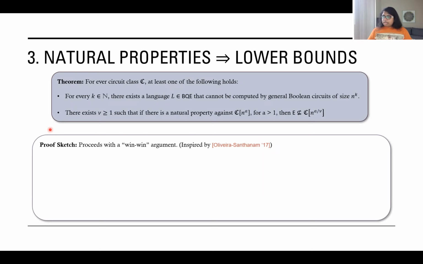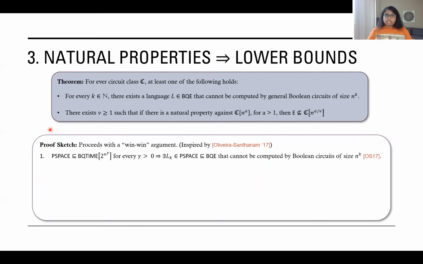Okay, so how is the proof sketch? The main idea was inspired by work done by Oliveira and Santhanam, where they get a similar result for randomized exponential time circuits. And the first step, like I mentioned, is inspired from what they have. In this case, you assume that PSPACE is actually easy. There is some sub-exponential quantum time algorithm for it.